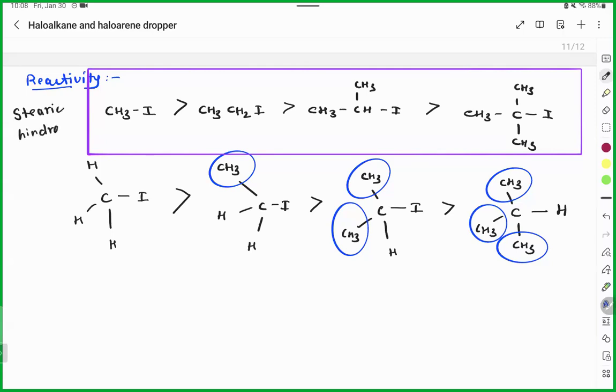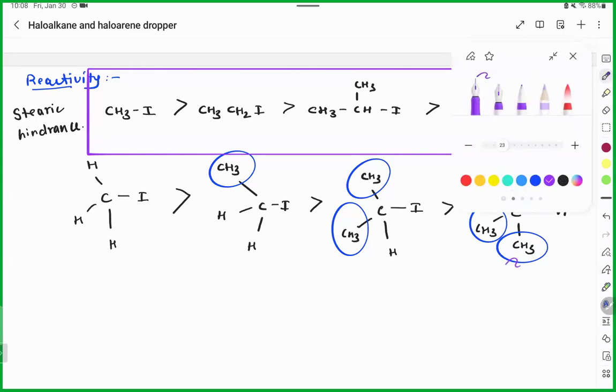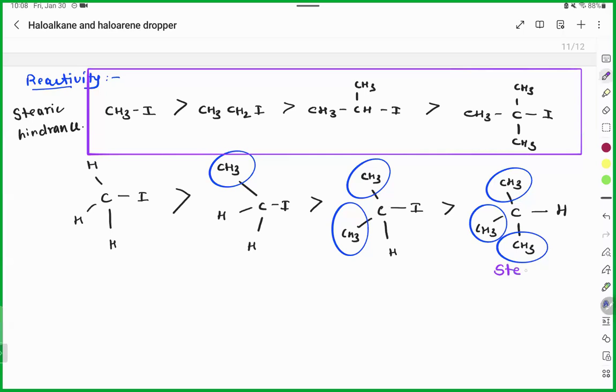Like if you have a bigger molecule, CH3 or any big group, they will be crowded around the carbon, so the nucleophile cannot come close to the carbon for the reaction. Make sense, Jordan? So the simplest answer is steric hindrance is the main thing.